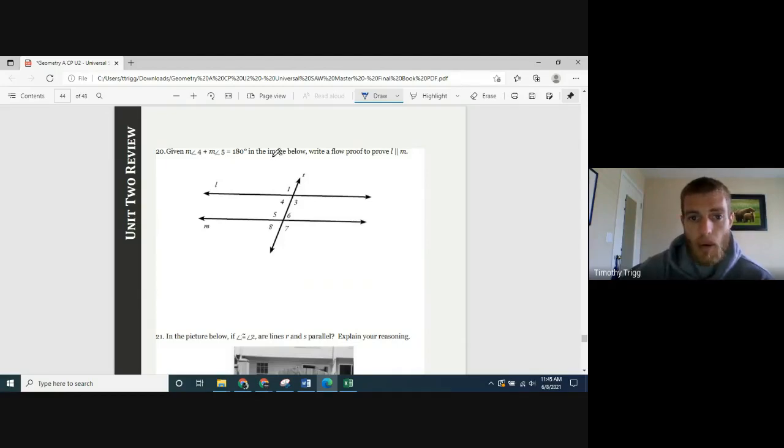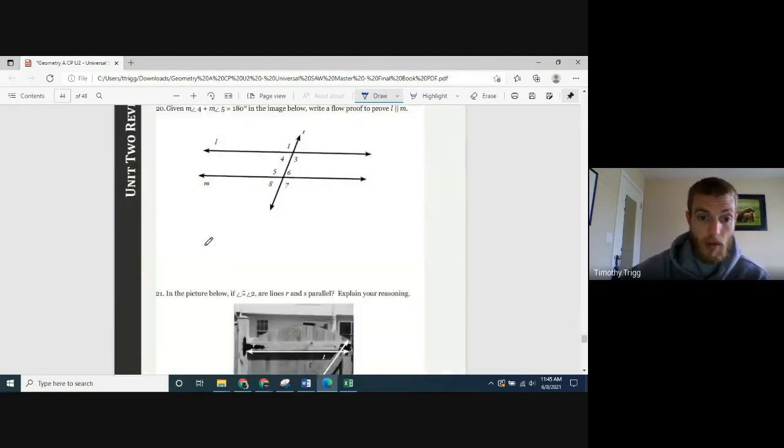Now, in the image below, write a flow proof to prove that line L is parallel to line M. We're not going to do a flow proof. We're just going to write basically like how we did up here. So here I'd write L is parallel to M, comma, because why?